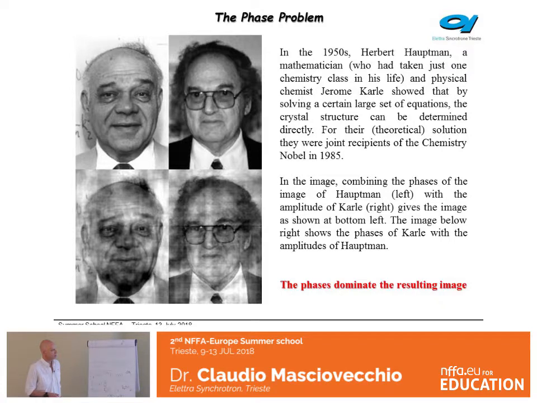If you look at these two pictures and the two below, this picture here has been obtained by taking the intensity from this and the phase from this. And this has been obtained by taking the intensity of this and the phases from this. So this is telling you that the phases dominate in the scattering, not the intensity. So it's very important to reconstruct your object.